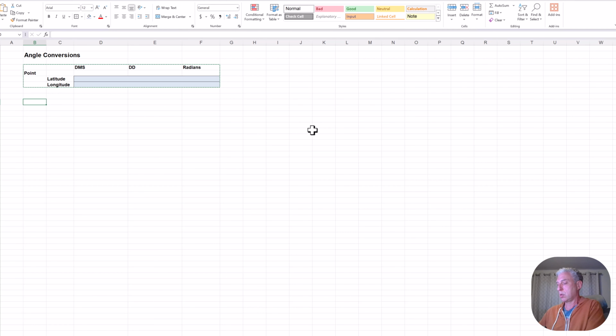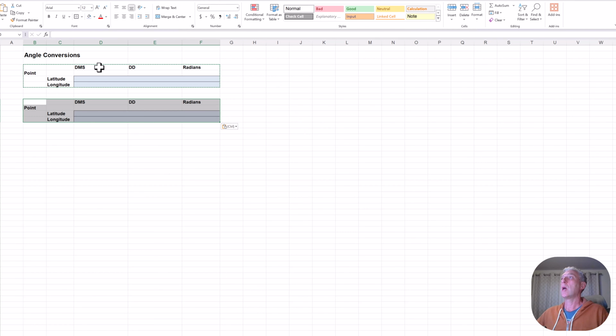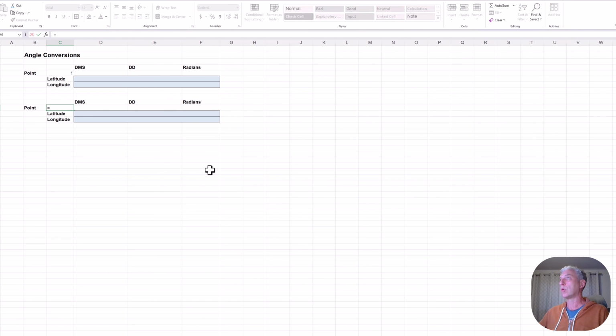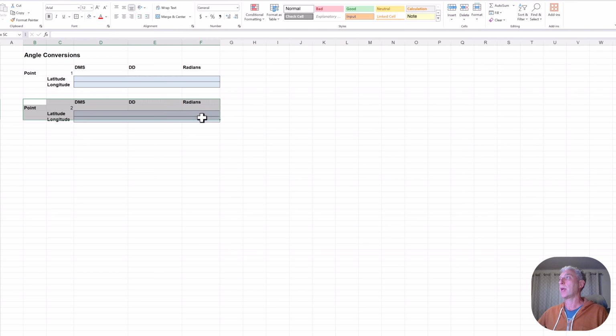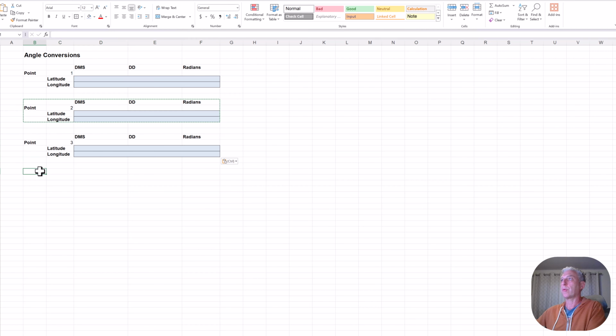And then you can say 0.1, for example, and then to make it easier, you can say this point number equals that one plus 1, so that'll be a 2. Now, as we copy and paste, that will fill in. And you'll see we have 0.3, 0.4, because it's using that formula.